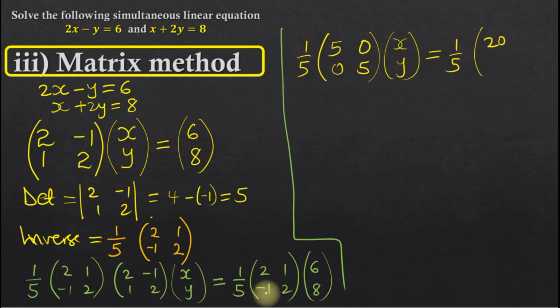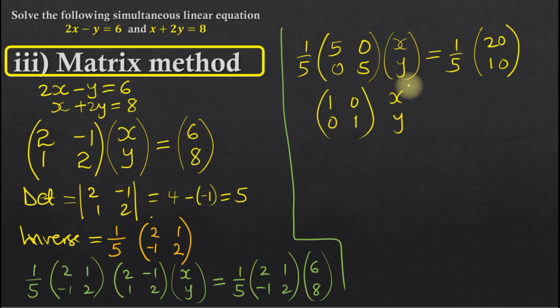And the other one is minus 1 times 6, that is minus 6, plus 2 times 8, so minus 6 plus 16, that is 10. And therefore now multiply this scalar times the elements of the matrix, so that will be a fifth times 5, 1, a fifth times 0, 0, a fifth times 0, 0, a fifth times 5, 1.